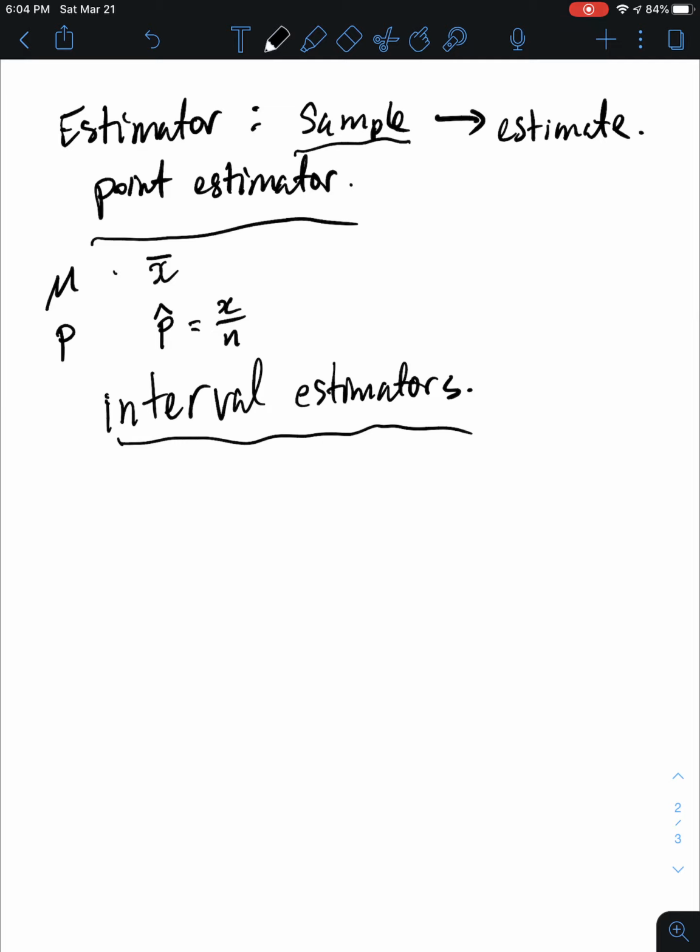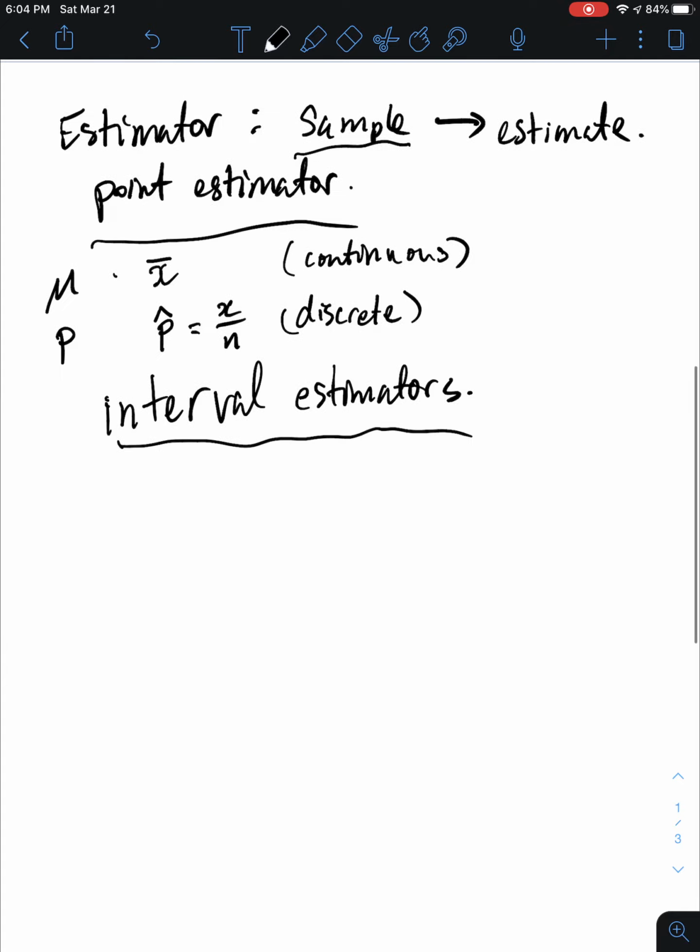And if you remember, this is discrete and this here is continuous. In the discrete context, x is the number of successes, n is the total sample size, and so x over n is the proportion of successes in the sample. So p hat is the sample proportion of successes. So p hat is an estimator for p.